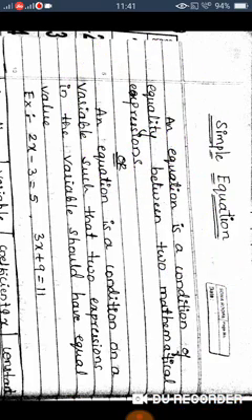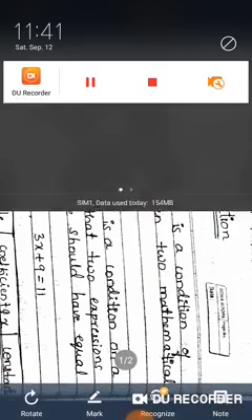If I take the algebraic expression x minus 8, x may be 1, 2, 3, 4. We don't know exactly what it is. That is the meaning of variable. So this is the algebraic expression you have studied.